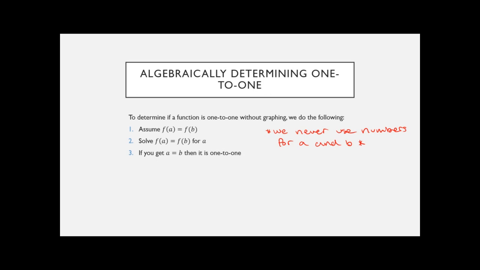We always like to do these with variables. So we assume that f of A equals f of B, and we solve for A. You could solve for B. You have to solve for one of those variables, and then you look to see if you get A equals B. If you don't, it's not 1-to-1. So it's really not that bad. It's just an exercise in following the rules of algebra.